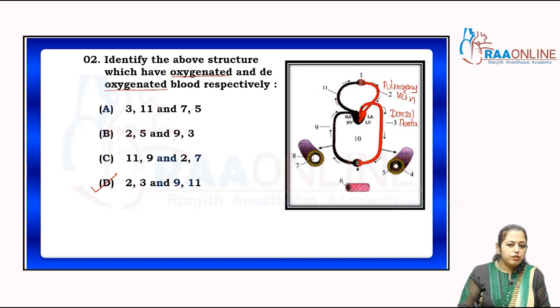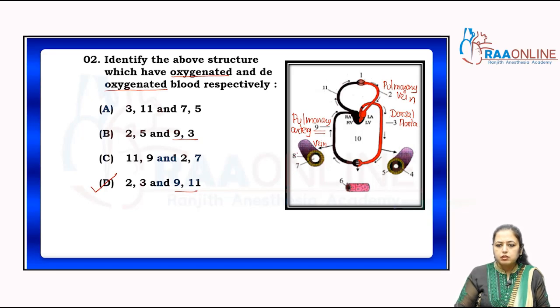Because of all these reasons. Now deoxygenated blood is carried by the 9th, the vena cava, and the pulmonary artery. Deoxygenated blood is also carried by veins, that is the 7th and 8th.